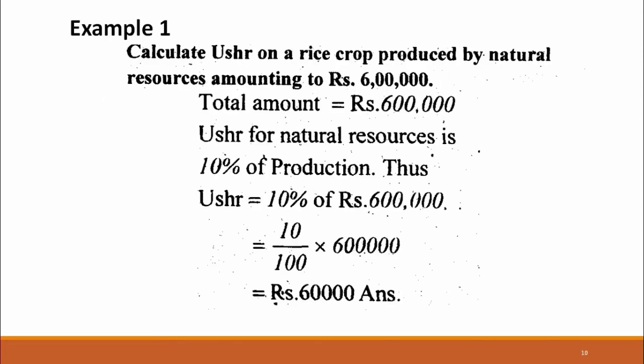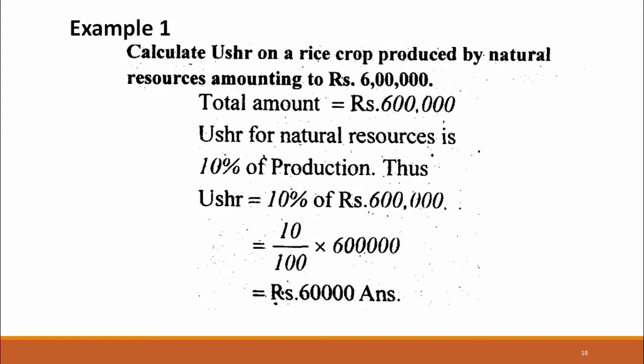For example, calculate Ushr on a rice crop produced by natural resources amounting to Rs 6 lakh. Suppose the amount of products is 6 lakh rupees, and it is given that the land is irrigated by natural sources.